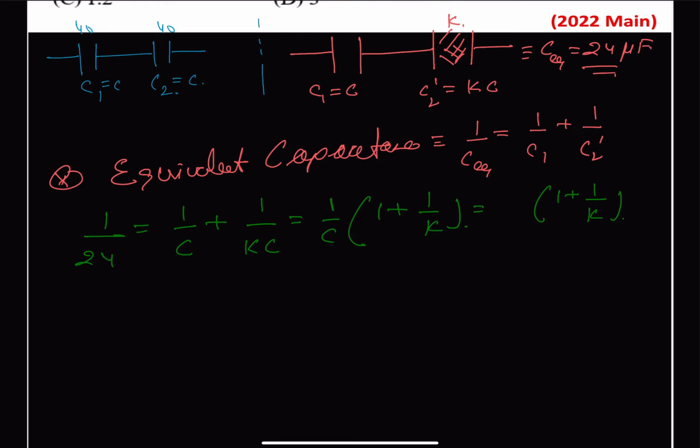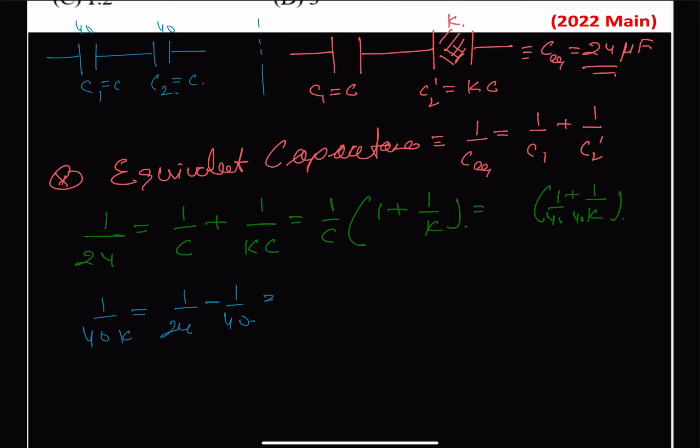So this is 1 upon 40 and this comes as 40K. Therefore, we can write that 1 upon 40K will be equal to 1 upon 24 minus 1 upon 40.